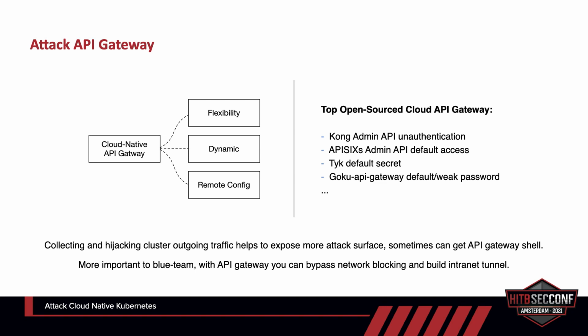When we control the API gateway, we can control and hijack the north-south traffic, which is managed by the cloud-native cluster. More importantly, obtaining the API gateway can break through network isolation and get access to other private networks and the public network.